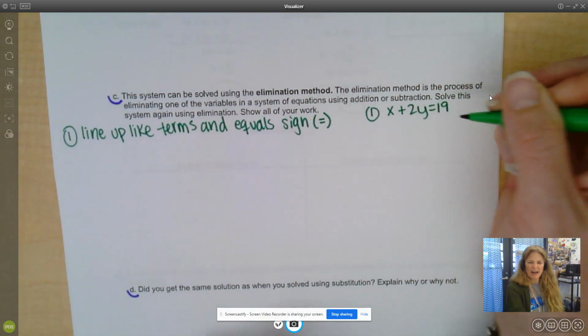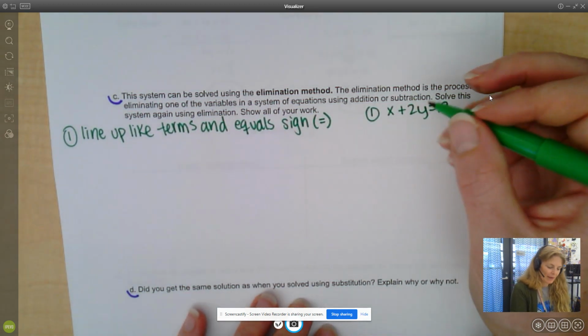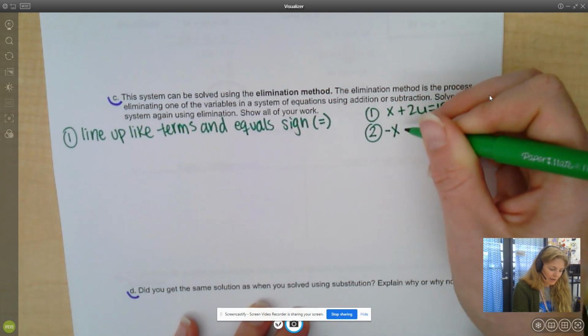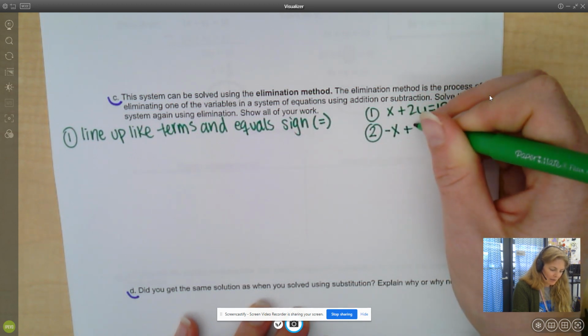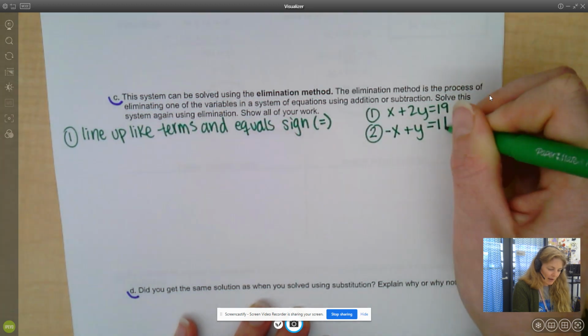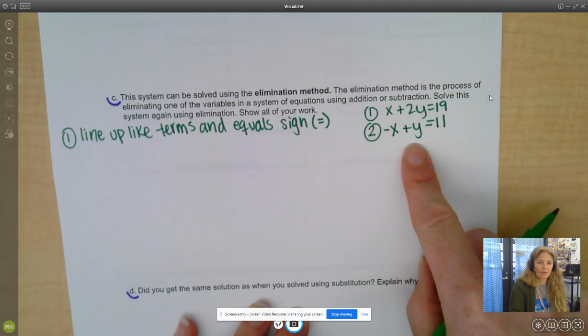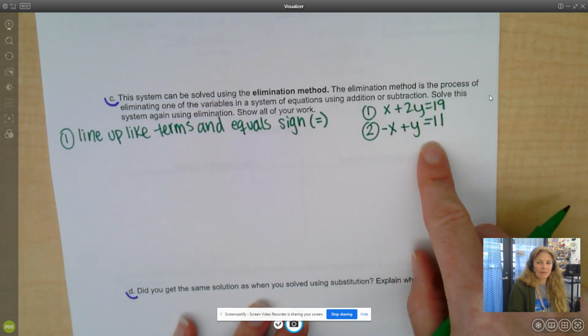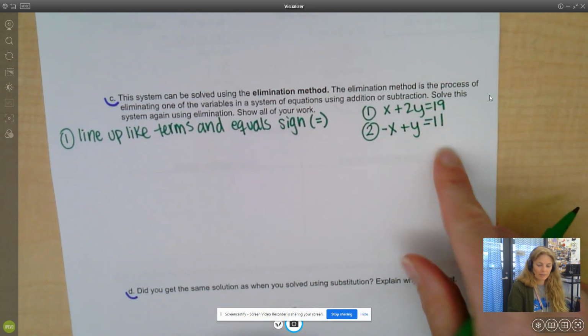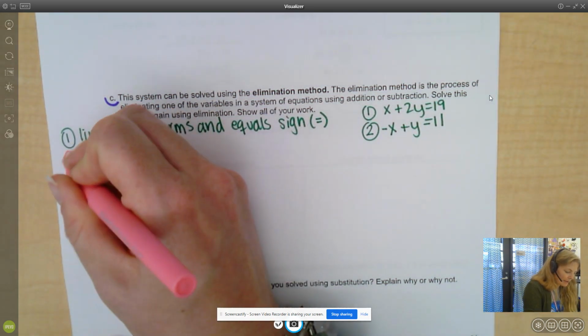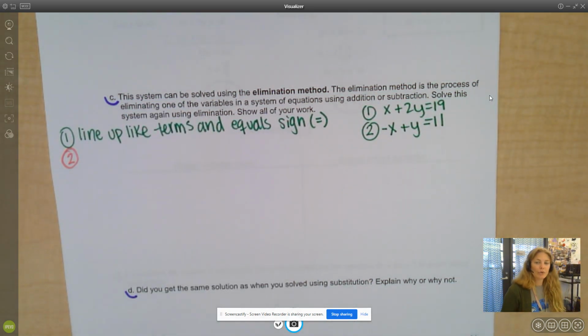In a way, we're kind of writing them in standard form, but we don't have to worry about x being positive or negative. In the second one, I'm going to switch them so the negative x is in front and the y will be second. So I have my like terms, x's lined up with x's, y's lined up with y's, equal signs lined up with equal signs, and constant terms lined up with constant terms. Perfect.